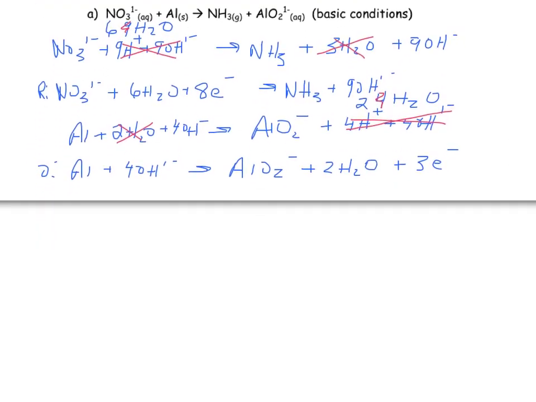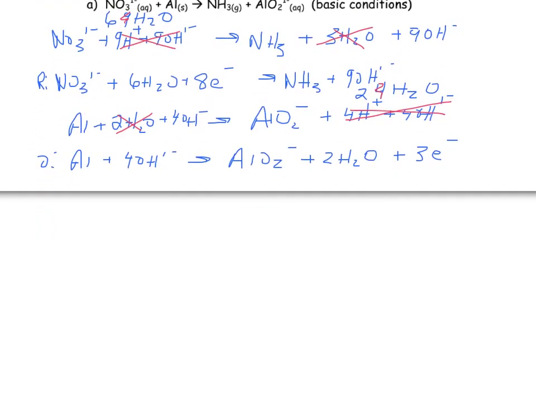The lowest common multiple between my electrons, 8 and 3, is 24. So I'll need to write my reduction reaction timesing it by 3.